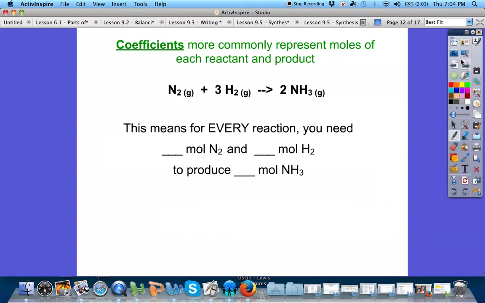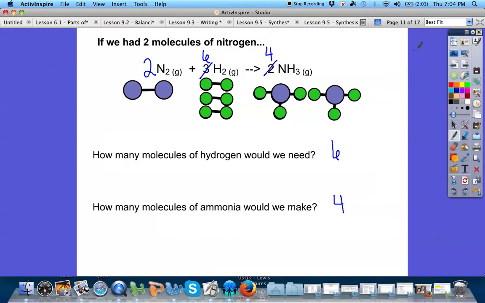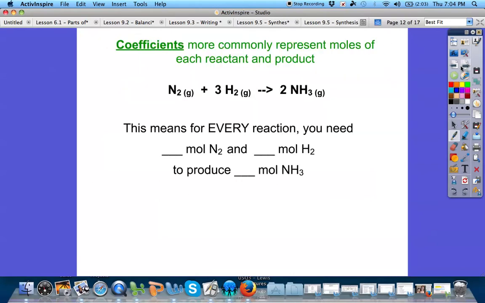So these coefficients helped us determine the number of molecules, but more commonly, the coefficients represent moles of each reactant and product. So we're looking at the same chemical equation.